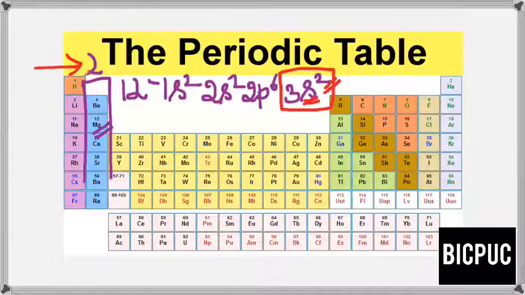Therefore, all the members of group 2 will have their electronic configuration ending with ns2, wherein the s orbital of the valence shell is completely filled.